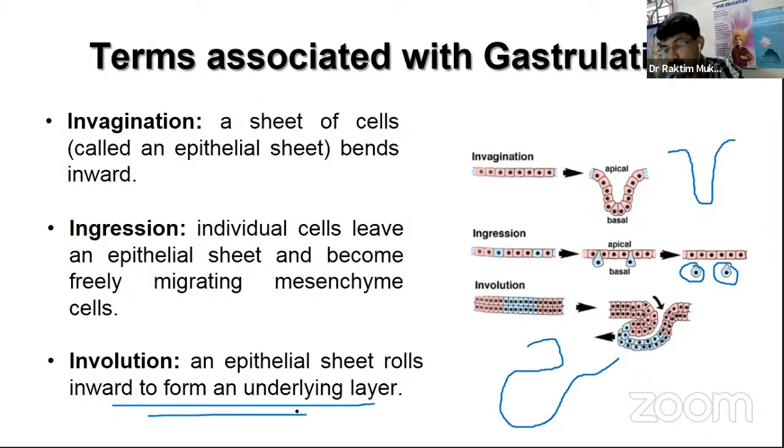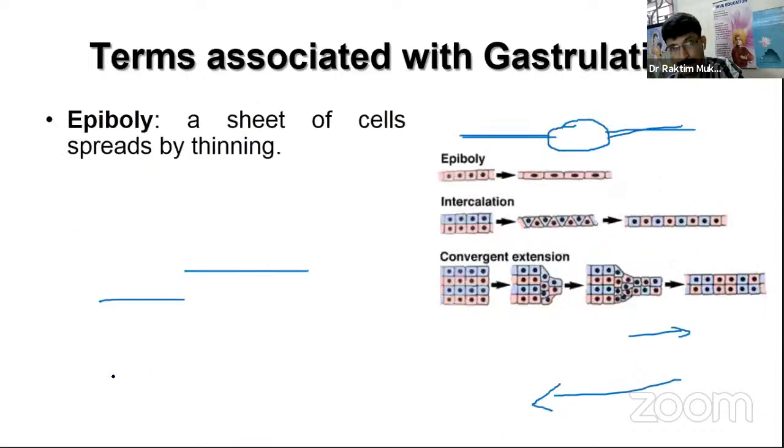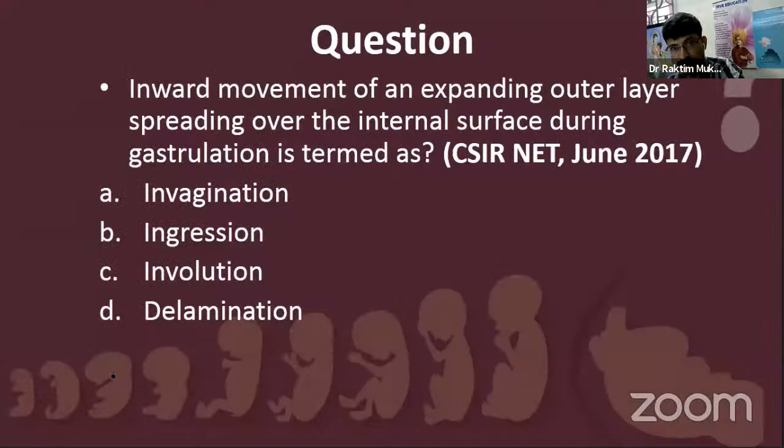So the big confusion is between A and C. Inward movement of an expanding outer layer spreading over the internal surface during gastrulation. Do you want to try once again, anyone?